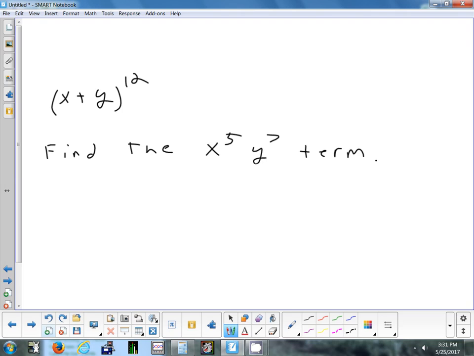You get 13. So if you want to visualize it, there's your 13 terms. And the first one would be x to what power? X to the 12th, and then this would be to the 11, 10. So that's the term you're looking for. If you were counting, it's actually the eighth term.